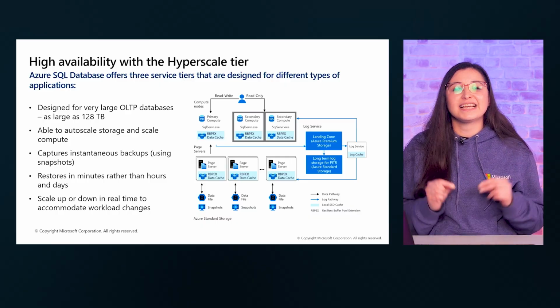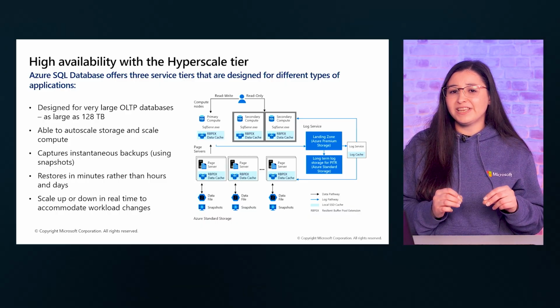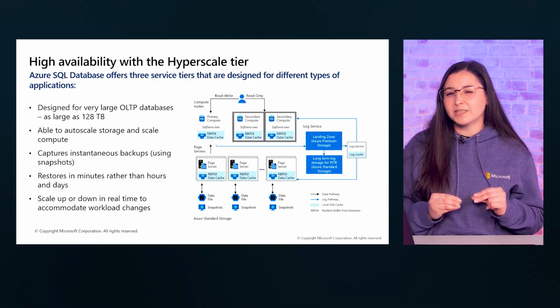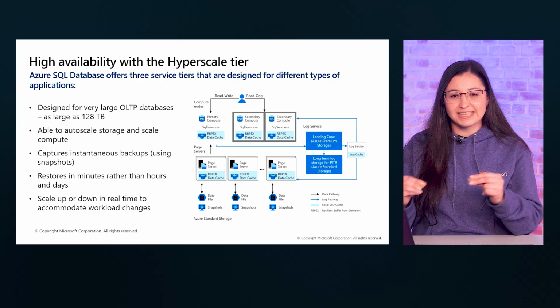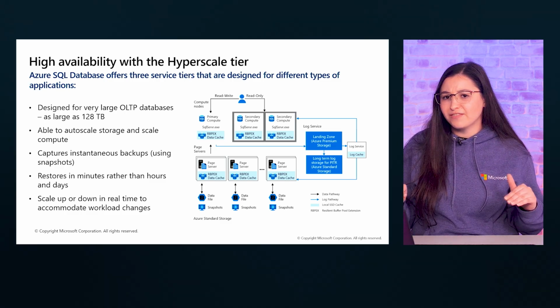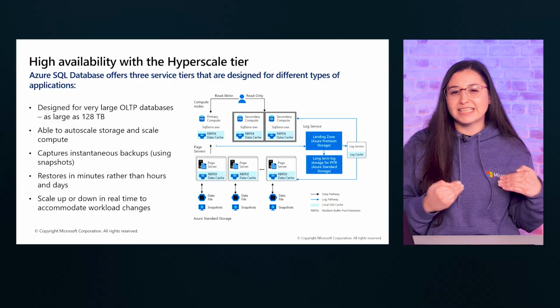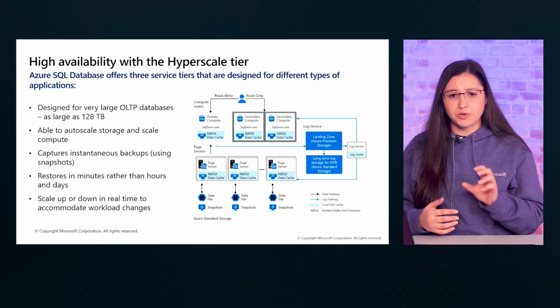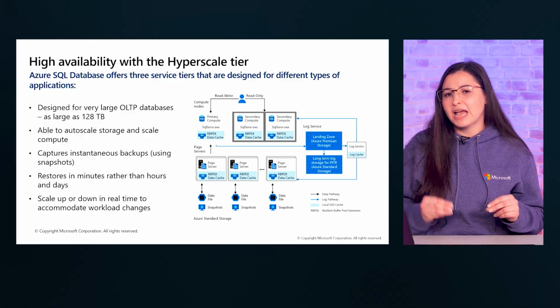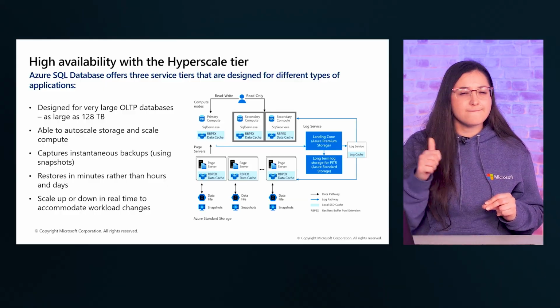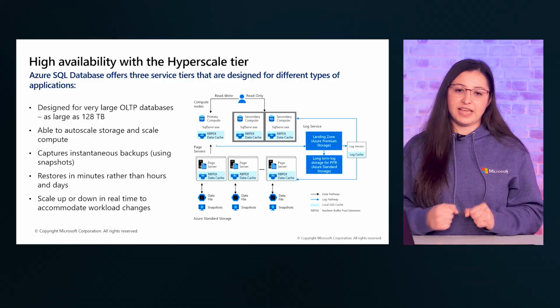This service tier has a unique architecture because it uses a tiered layer of cache and page servers to expand the ability to quickly access database pages without having to access the data file directly. It provides separate scaling of storage and compute, multiple replicas, up to 4 read scale-out, snapshot-based backup, fast restore in minutes instead of days.